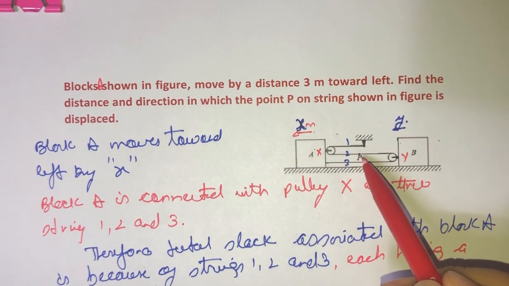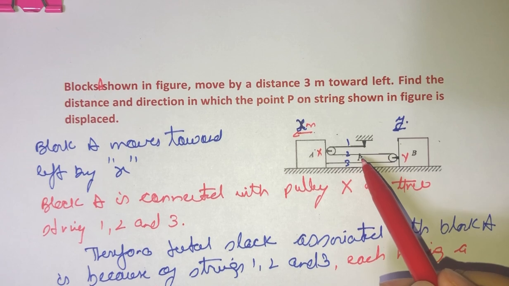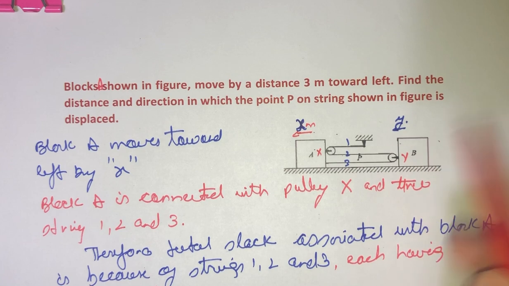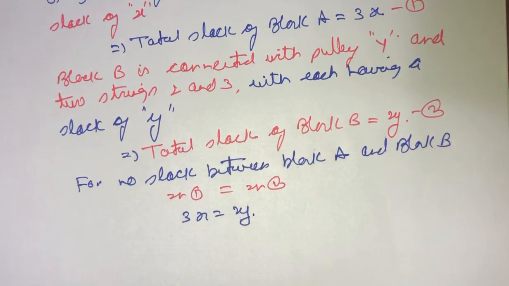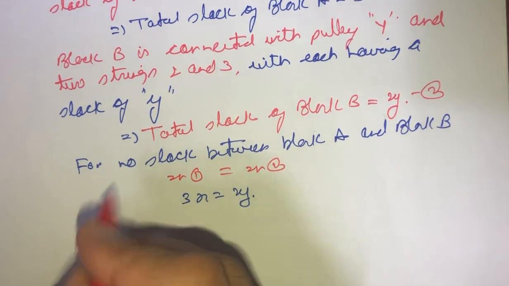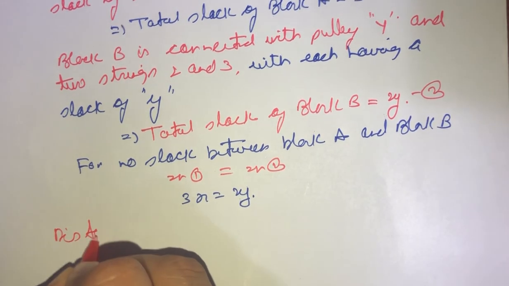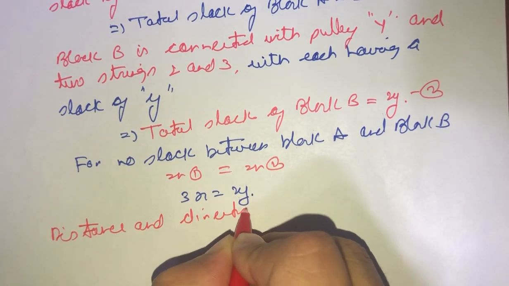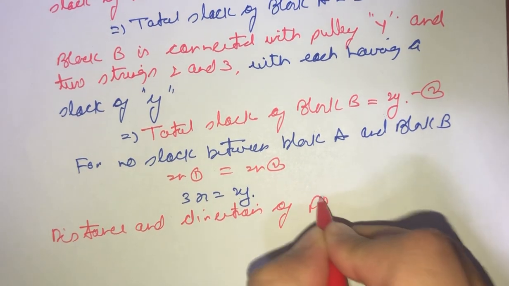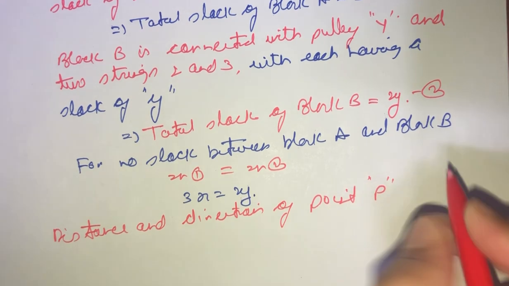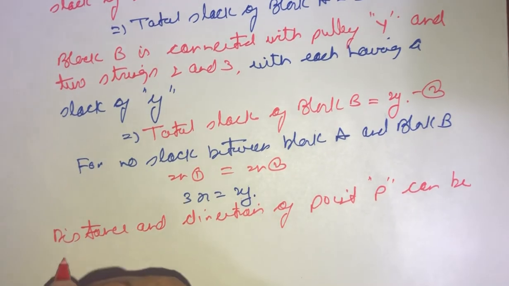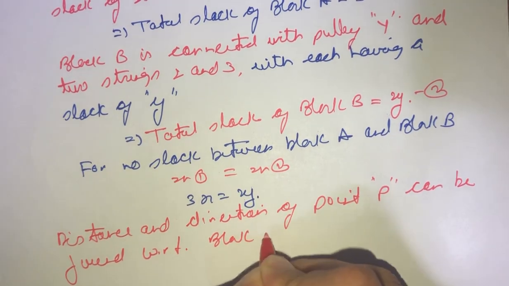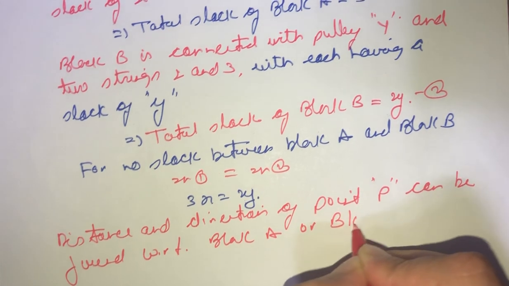The distance as well as direction of point P can be found out with respect to block A or with respect to block B.